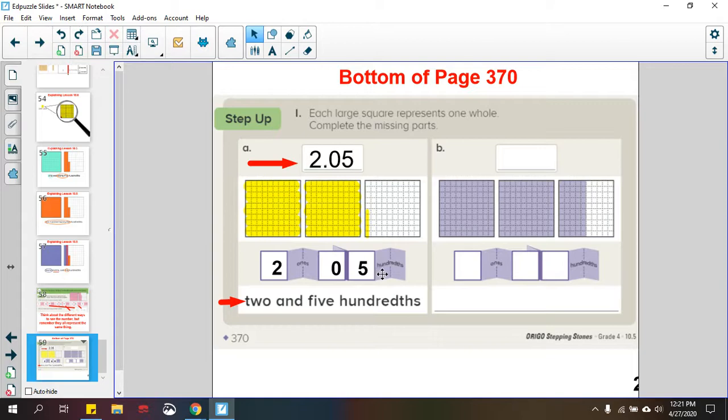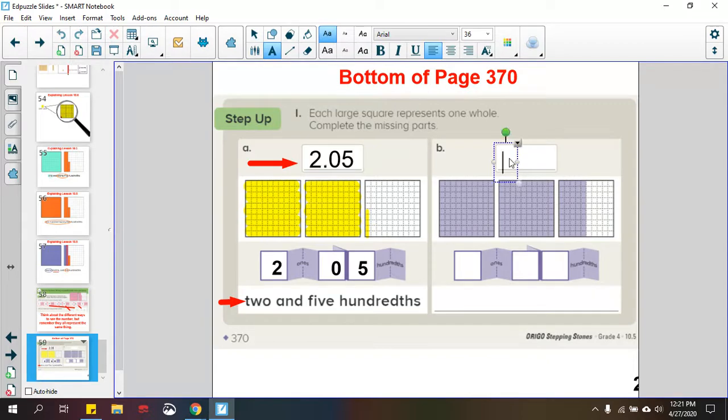That's done. Now, when I look over here at B, they give me the area model, and I've got to come up with the other 3 ways. Well, if I'm looking at this and putting it in standard form, I know that I have 2 wholes colored in, and then I've got some extra, so I'm going to put my decimal point, so 2 and. Now I've got complete tenths, though. I've got 5 complete tenths, so I could leave it like this.